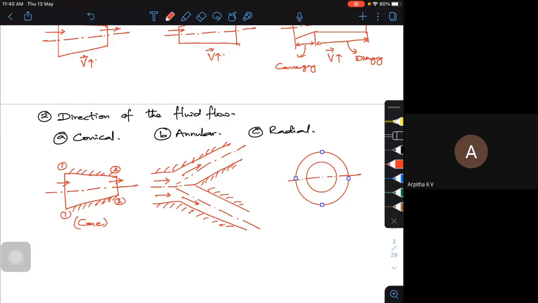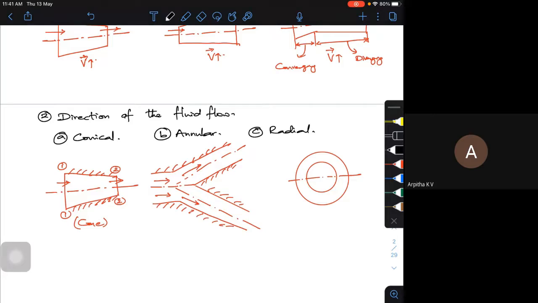Can we take flow over a wedge as annular? It's not flow over a wedge actually. Annular means how it is getting branched. Flow over a wedge can never be taken as annular. Flow over a wedge is always a sharp edge.